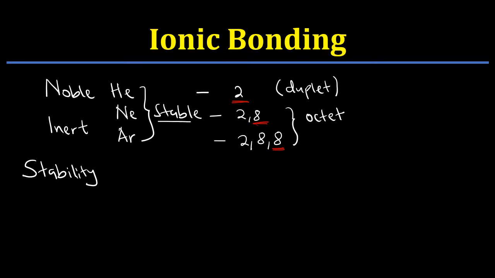In our next slide, we are going to see how sodium and chlorine can bond to form what we call ionic bonding. A bond is basically a force of attraction between atoms or ions, a force that keeps atoms or ions together.